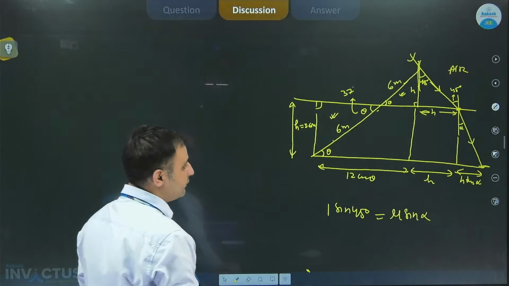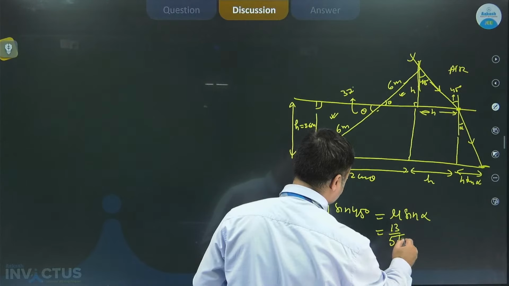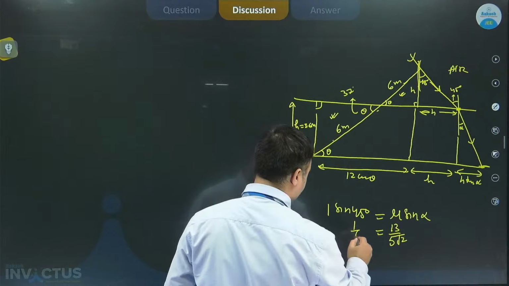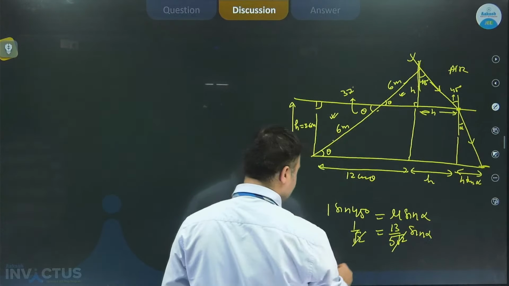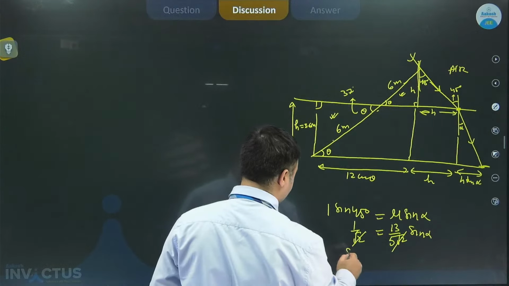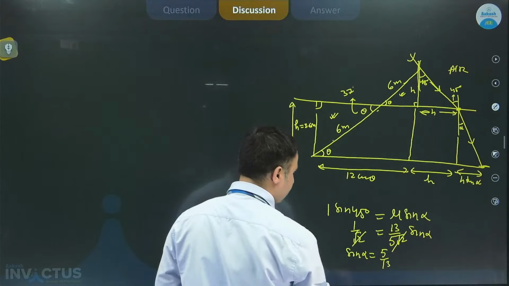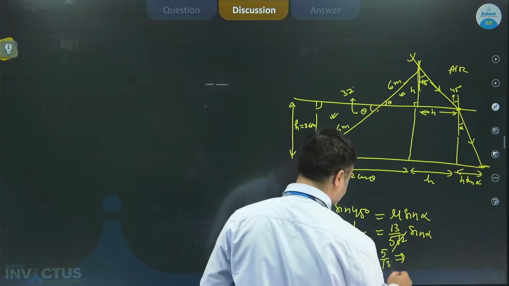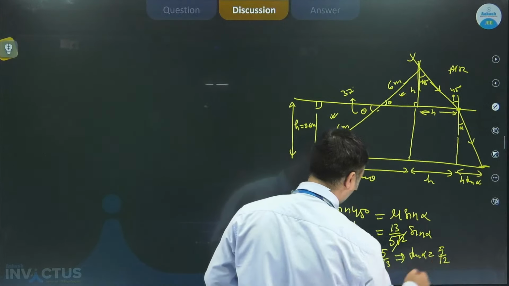So 1 by root 2 equals 13 by 5 root 2 into sine alpha. Root 2 will cancel out. So sine alpha will be equal to 5 by 13, which implies tan alpha will be 5 by 12.